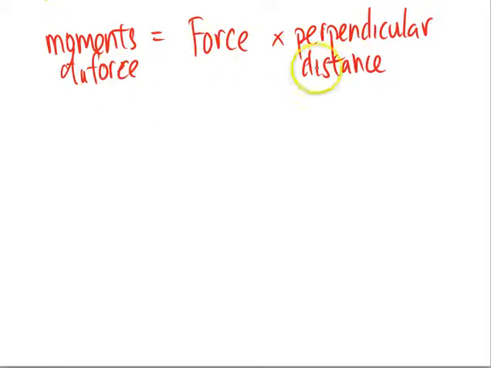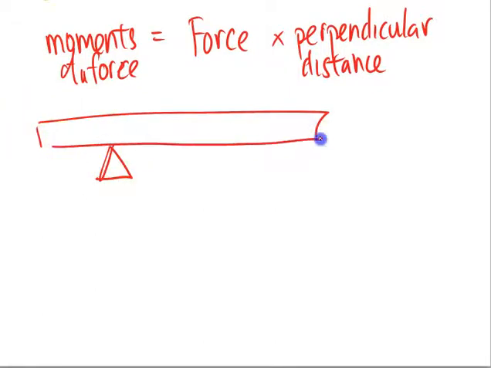So how do we go about finding this? Let's use the same beam example here. You must always first identify where the pivot is. In this case, this is where the pivot is. I have a force exerting downward here. So where's the perpendicular distance? My force is in this direction, so the perpendicular distance is here. You can see the distance is perpendicular to the force.